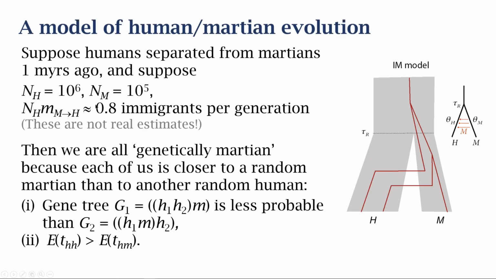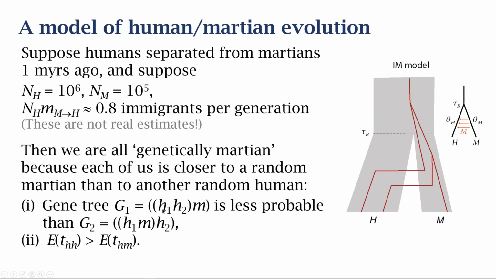And then with the population sizes made up here, you could have a situation where we are all genetically Martian, in the sense that, let's say H1 is myself, H2 is you, and M is a Martian.